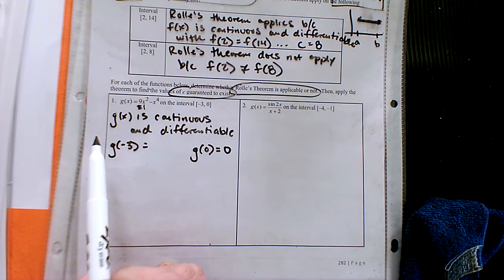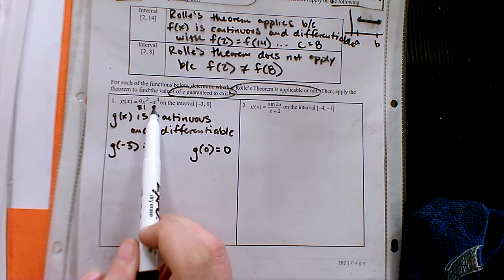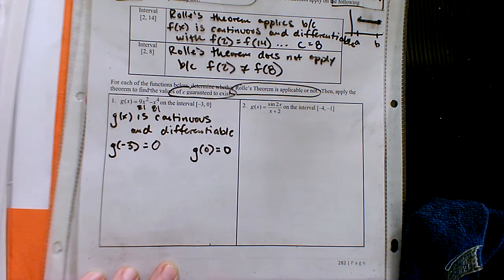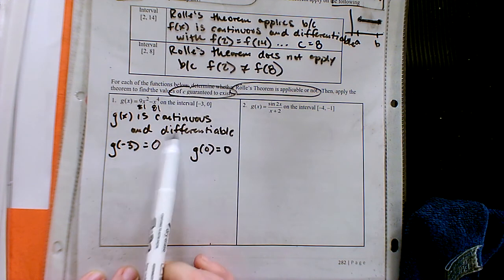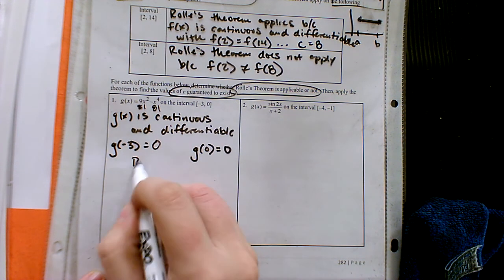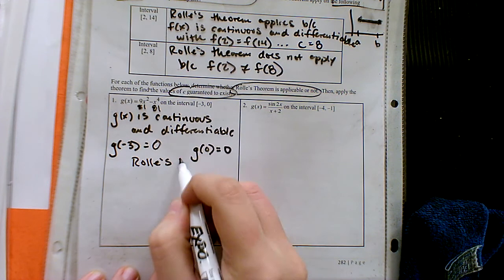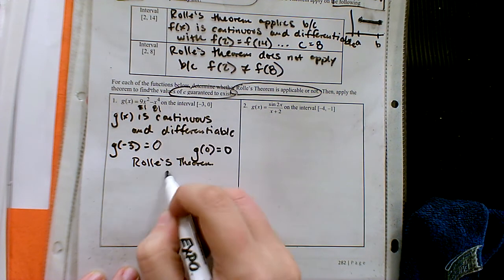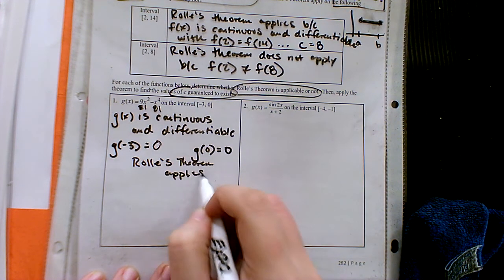And then -3 to the 4th, that's 81 as well. So subtract and we get 0. Okay, so continuous, differentiable, endpoints match. So we officially know Rolle's theorem applies.